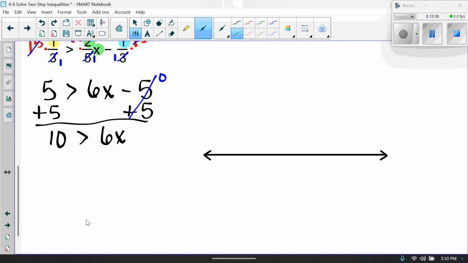Now to get the x by itself, we will divide by 6. And so those 6's simplify to 1. 1 times x is x. Now on the other side, we can simplify first, right? Is it all right with you, like we did on the video? So here, I'm going to divide by 2 here, and I'm going to divide by 2 there. So that's going to give me what? 5/3.